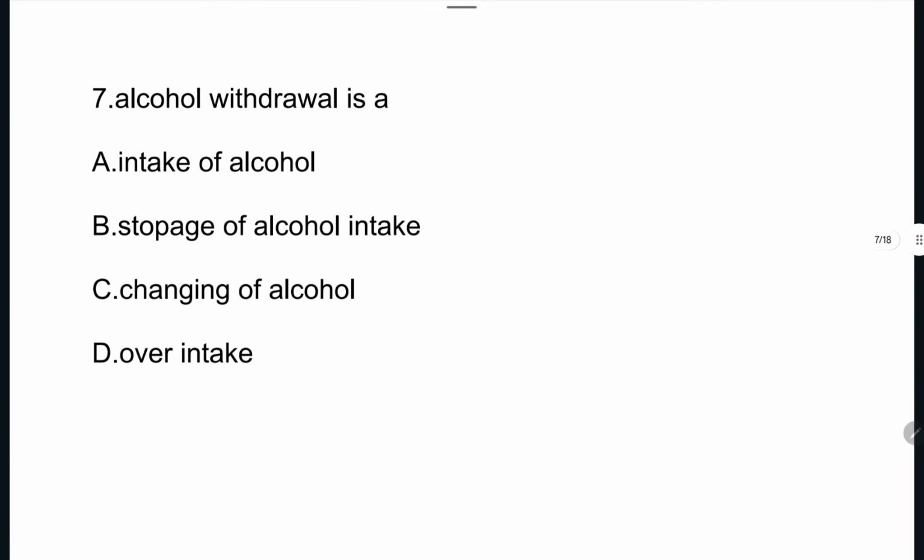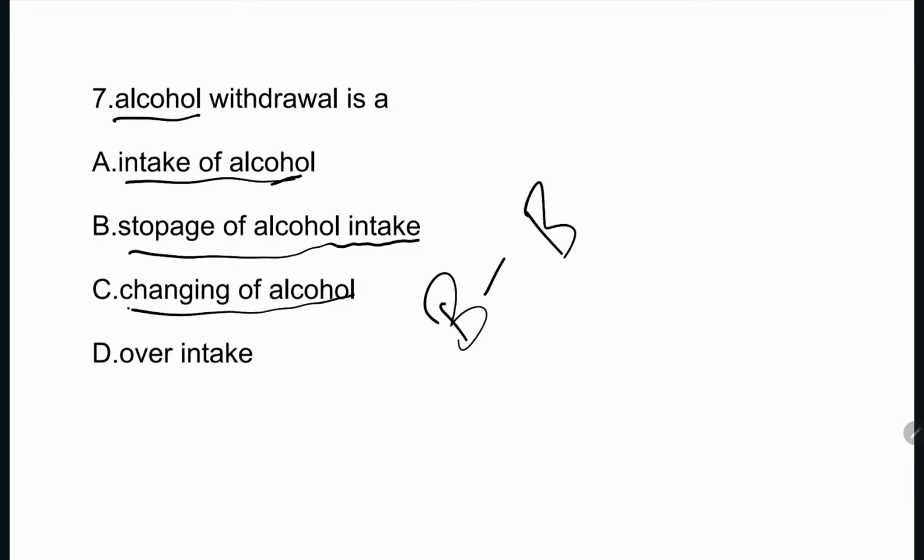The next question is, alcohol withdrawal is a. So what do you think? Alcohol withdrawal. Option A, intake of alcohol. Option B, stoppage of alcohol intake. Option C, changing alcohol from one brand to another brand.